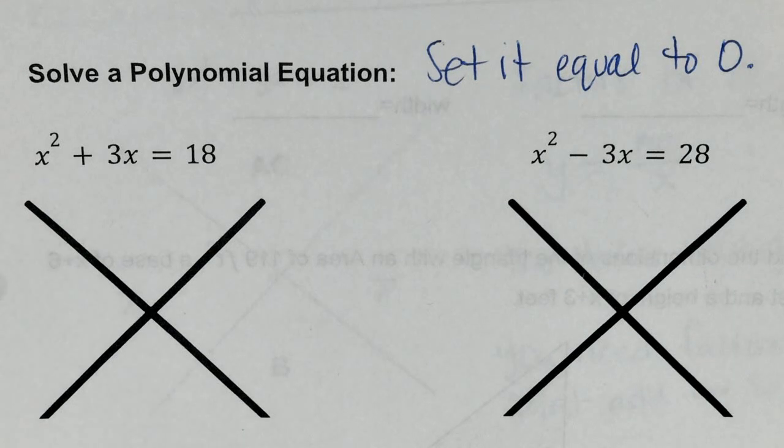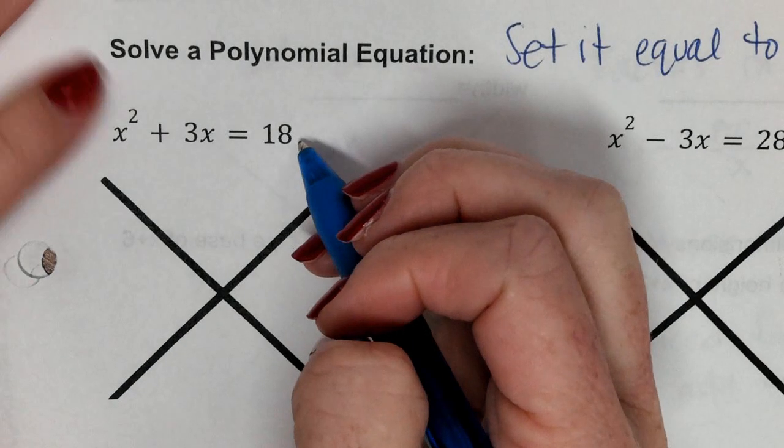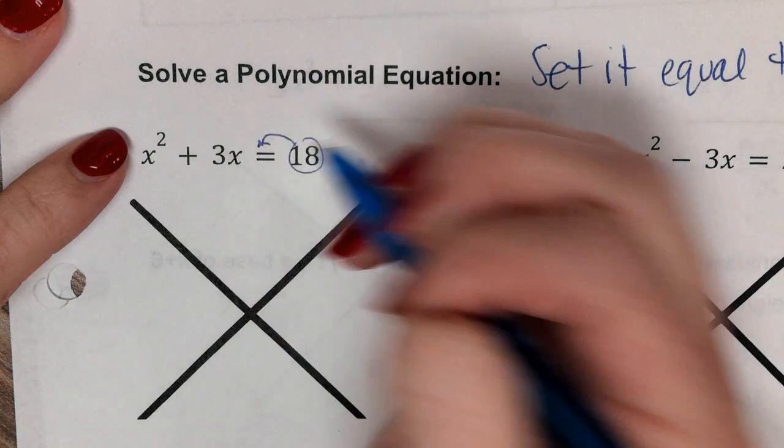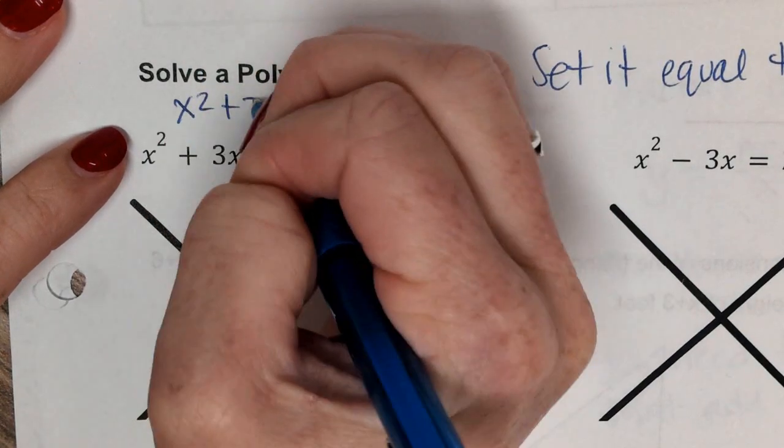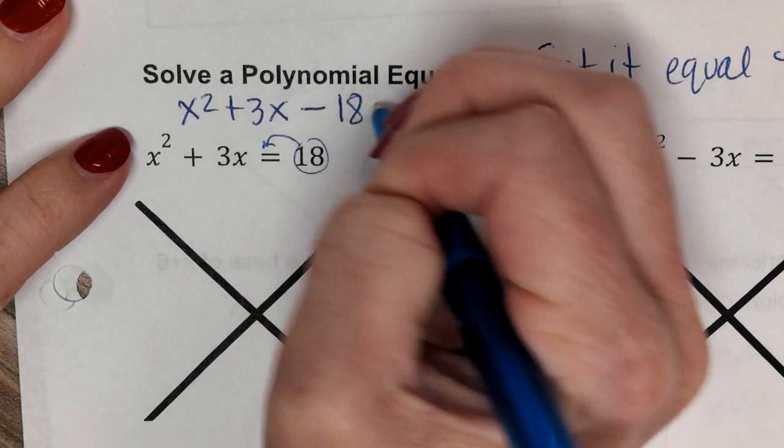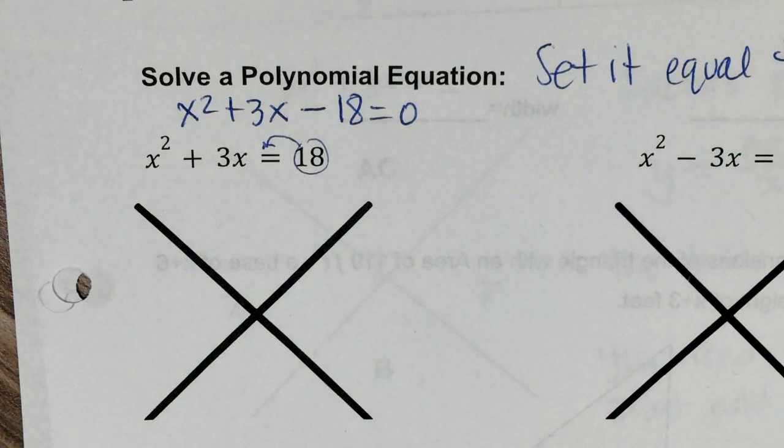Your calculator will then solve it for you. Or you can factor and solve. Okay, so here we go. I'm going to set this equal to 0 by moving the 18 over to the left. So I have x squared plus 3x minus 18 equals 0. We're going to solve it by hand by doing the x method, and then we're going to solve it in our calculator. Y'all got it?